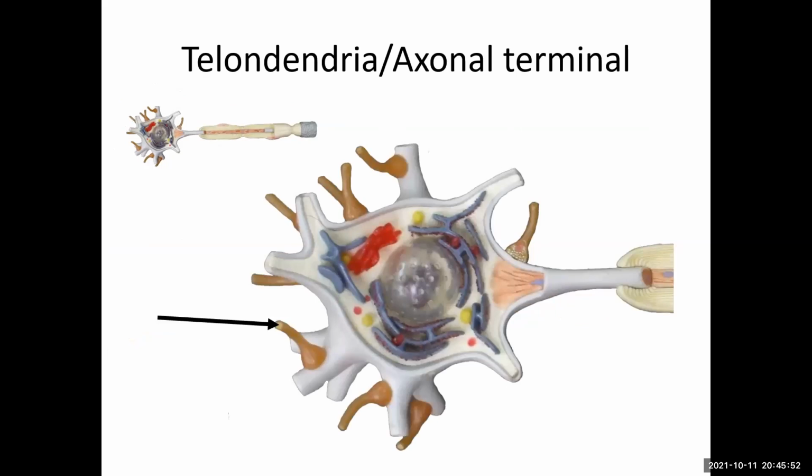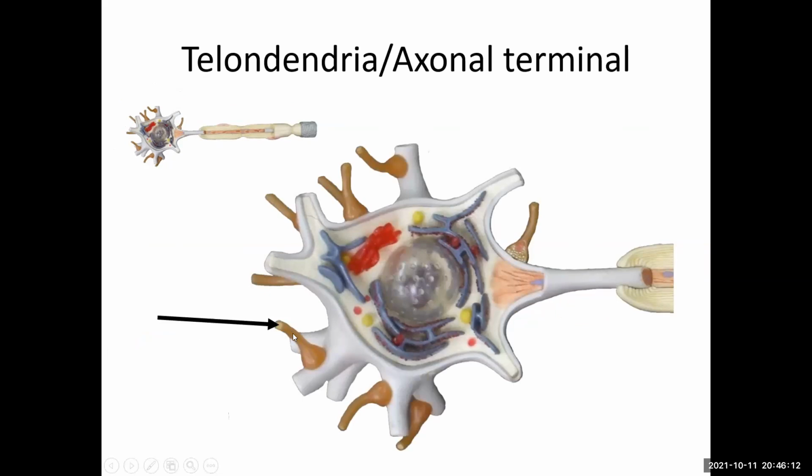Basically, that's where the axon splits off into these little divisions here. And at the end of these little divisions are going to be those swellings. So the telodendra are these guys right here.